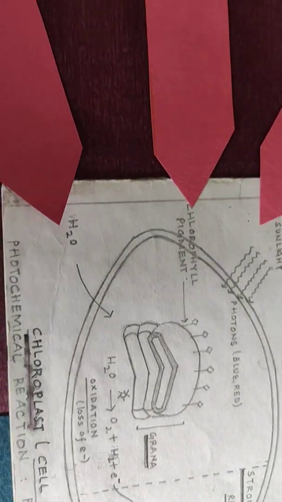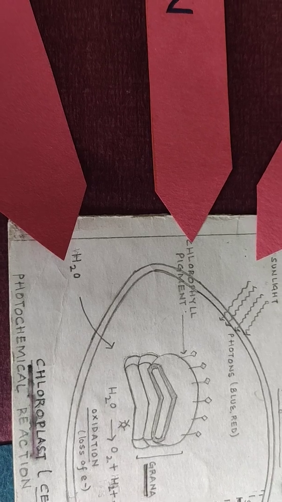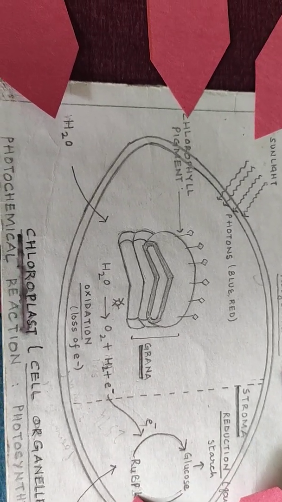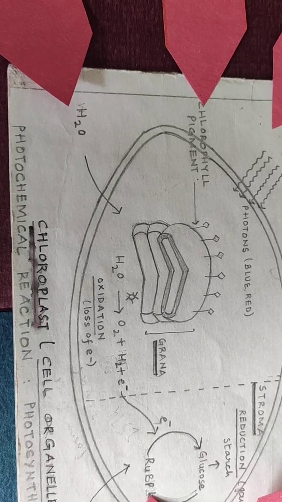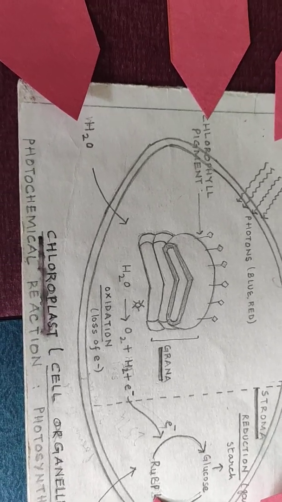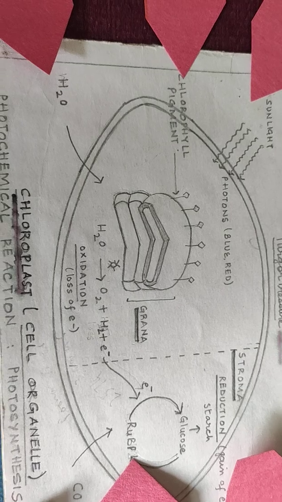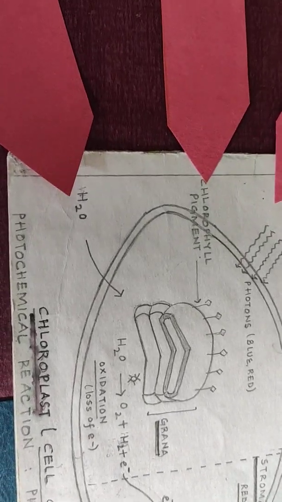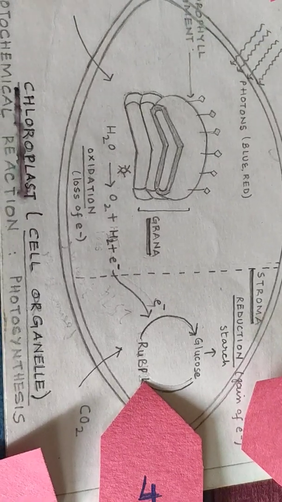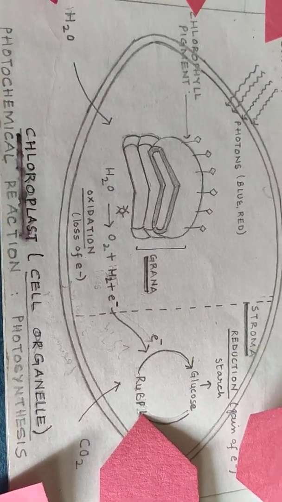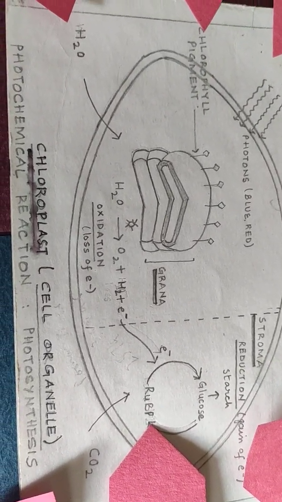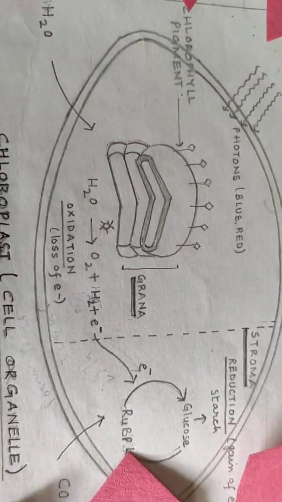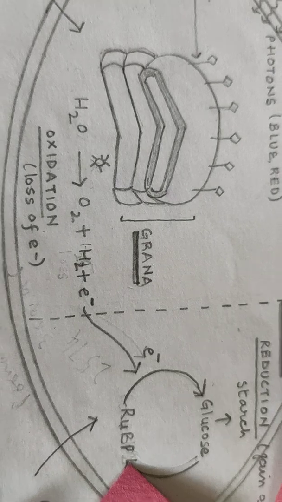In the grana we have the light reaction, the light dependent reaction, and in the stroma we have the dark reaction which is independent of light. This doesn't mean that this reaction will take place at night. They are simultaneous reactions. There is oxidation and there is reduction. So this oxidation reduction reaction helps in production of oxygen and the synthesis of glucose.